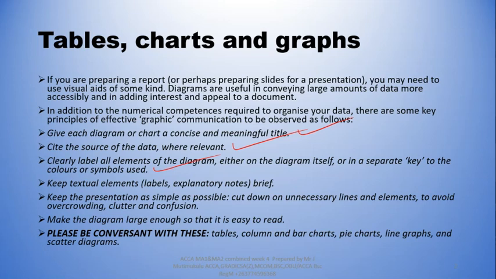However, you also need to take note that the issue of putting keys is only relevant where we have different data series. If you are presenting only information about sales in a particular year and so forth, there's no need for you to give us a key or a legend because we really know that you are only presenting information about sales. But when you are presenting information about sales and cost, then you will need to have a key or a legend so that the users will not struggle to determine what you were presenting.